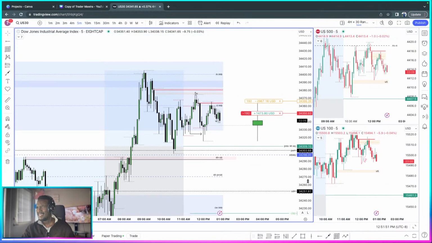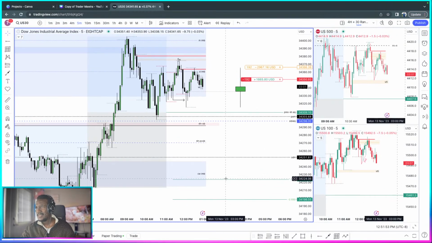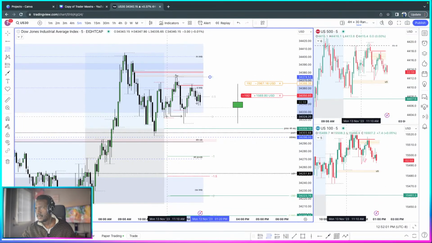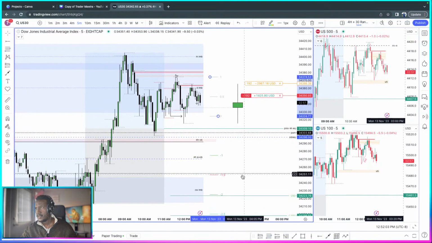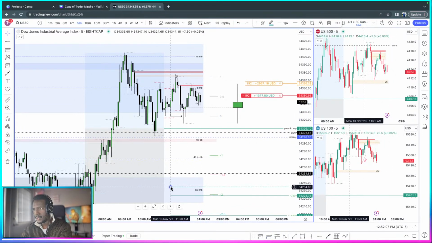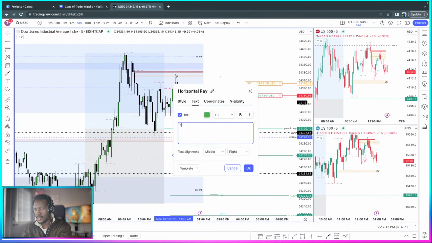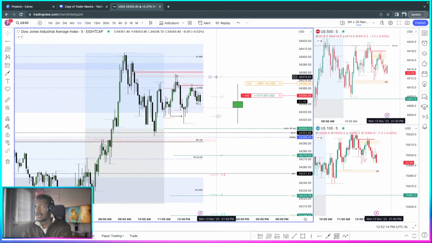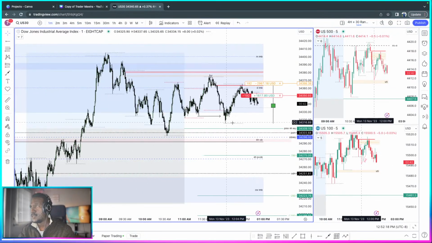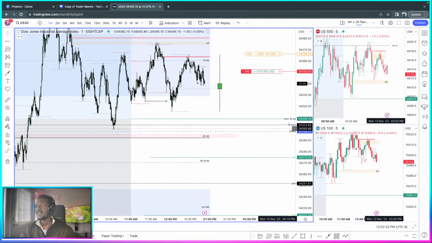I think I already did this anyway, because this is like the second symmetrical swing. So let me look for where one symmetrical swing is. One standard deviation is up here, which can also be another good target area right there. One standard deviation. Okay, I think we have what we need. Now let's go back to 1 minute.